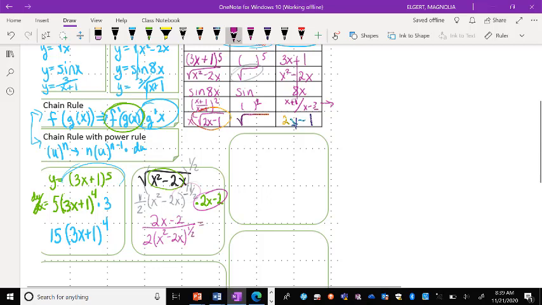And because I just made this problem up, I see something else that can happen here. This has a 2, this has a 2, this has a 2, so we can actually cancel all of them. And we get x minus 1 over x squared minus 2x to the 1/2. And that would be your derivative.